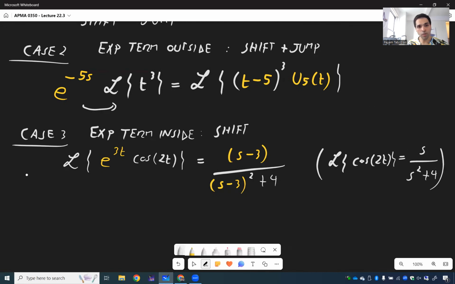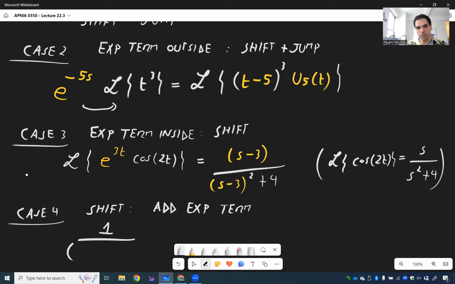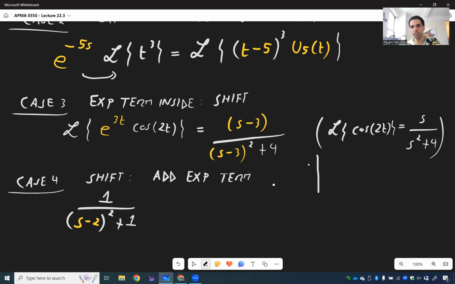And in the reverse way, again, just reading the formula from right to left, if a Laplace term is shifted, then you add an exponential term. So for instance, if you see 1 over (s minus 2) squared plus 1, that is, I believe, the Laplace transform of sine shifted by 1 unit.